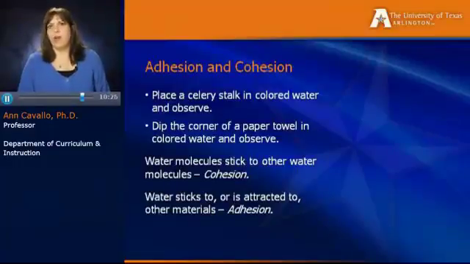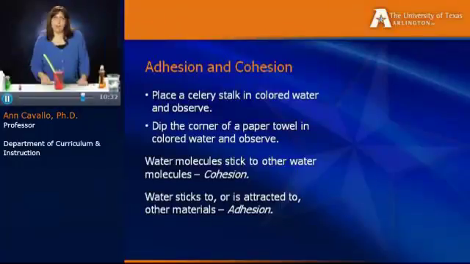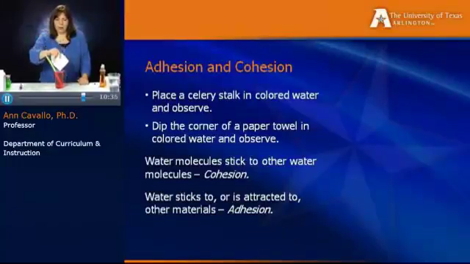What they'll see is that the food coloring moved up through the tubes inside of the celery stalk. And now you ask, why did this happen? Now dip the corner of a paper towel in the colored water and observe what happens. The students notice that the water goes up against gravity into the paper towel. Why did this happen?